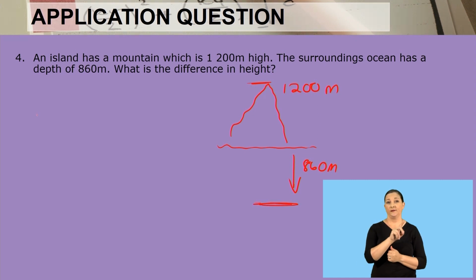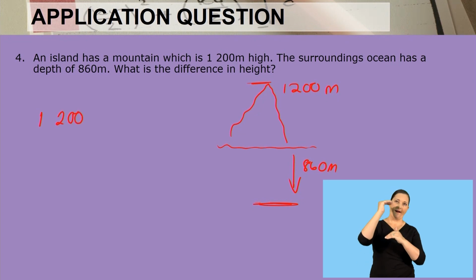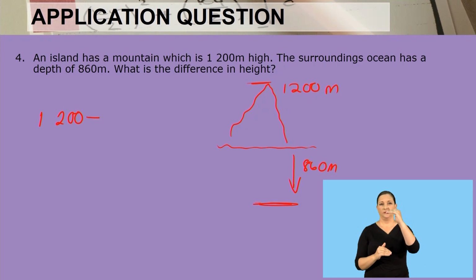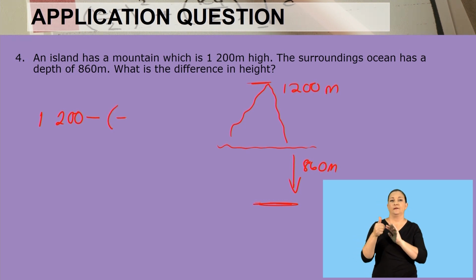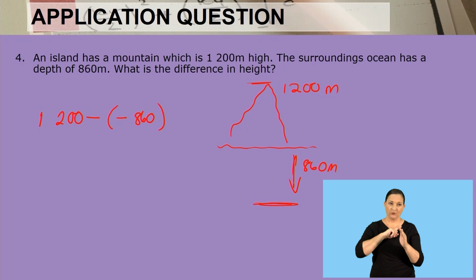We say 1,200 meters, because that's the height of the mountain. Because we are looking for the difference between those two heights, we subtract a negative 860. That 860 is only negative because we are talking about a depth. So we have 1,200 minus a negative 860.